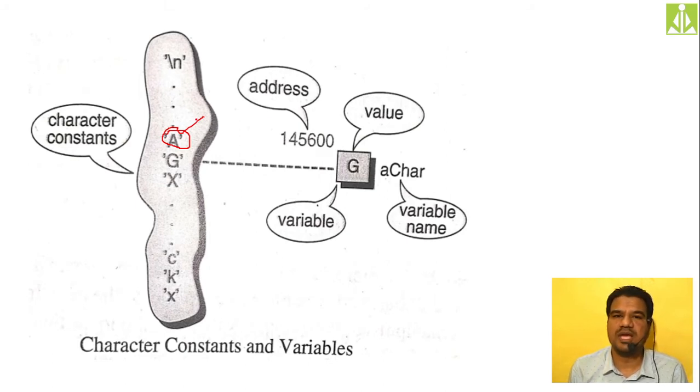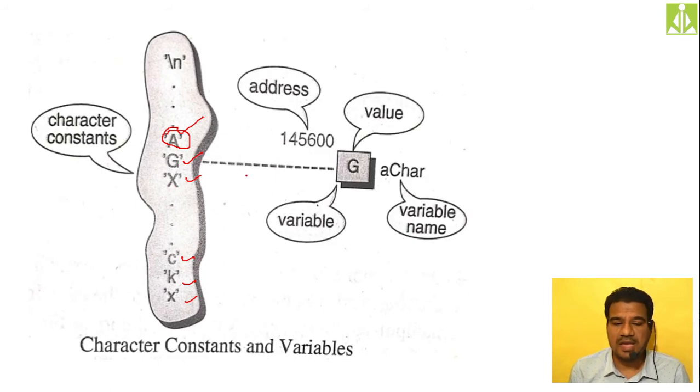We cannot change the meaning of that A, and A remains A forever. The same discussion applies to G, X, C, K, for all these characters. They are unique, unchanged things, we cannot change them. Even if we insist, we can't.